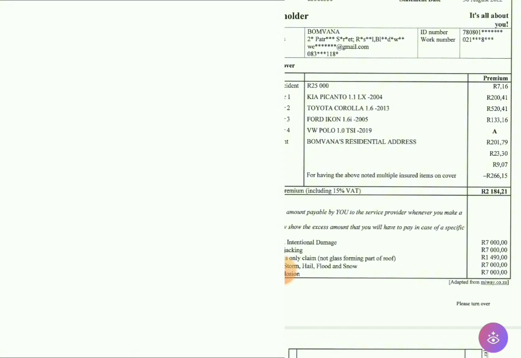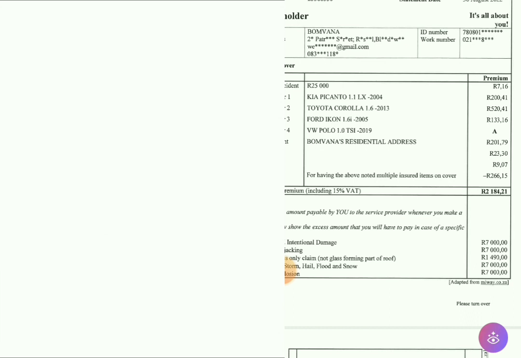The other one is very difficult to understand, guys. So this one is actually easy. It's the easiest one. So we are calculating the amount of VAT. We're saying 15 divided by 115 multiplied by 2,184.21 divided by 1.